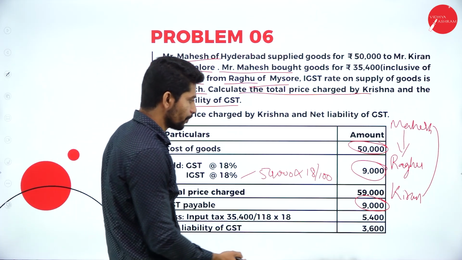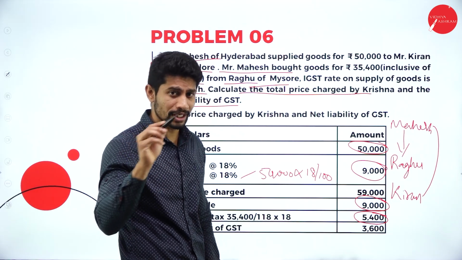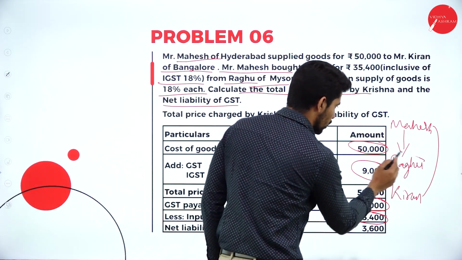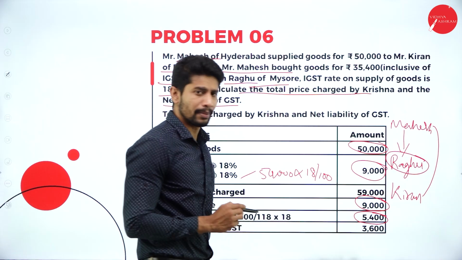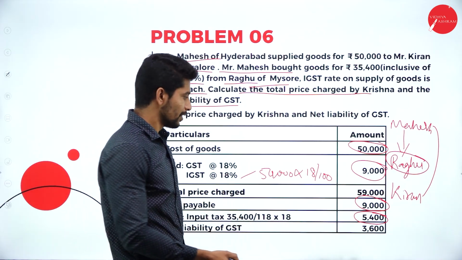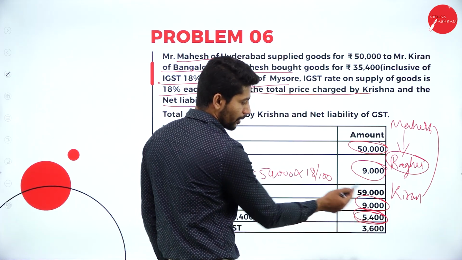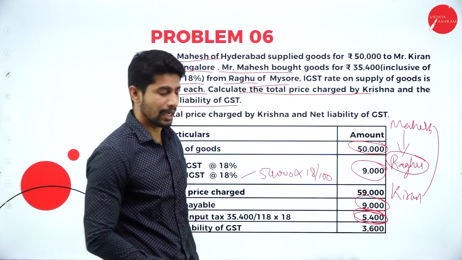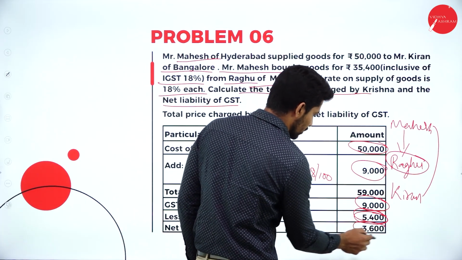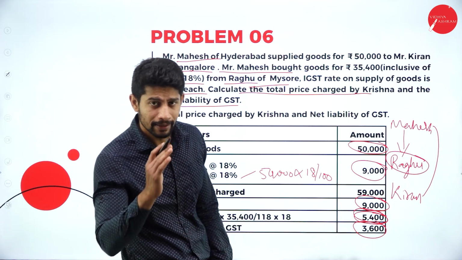If you calculate it, you will get 5,400. That means at the time of purchasing the goods from Mr. Raghu, Mr. Mahesh has already paid 5,400 rupees of tax. So again he need not pay this 5,400. He can deduct this from 9,000. He is supposed to pay the balance of 3,600 rupees. So this 3,600 is called net GST payable.